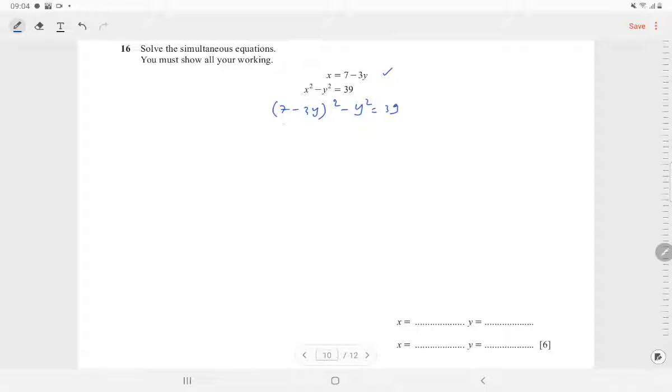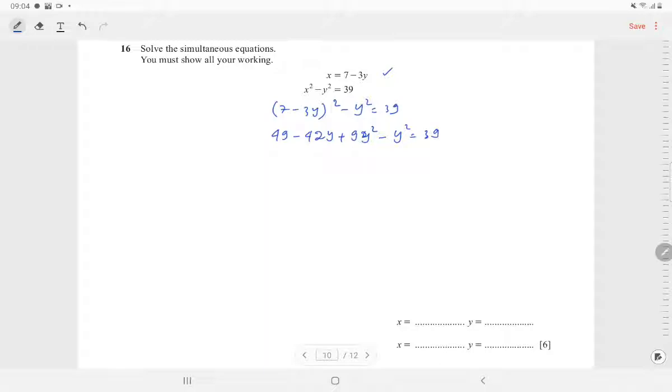So expand this one: it's 49 minus 2 times negative 3 is negative 6 times 7, negative 42y, plus 9y squared minus y squared equal to 39.